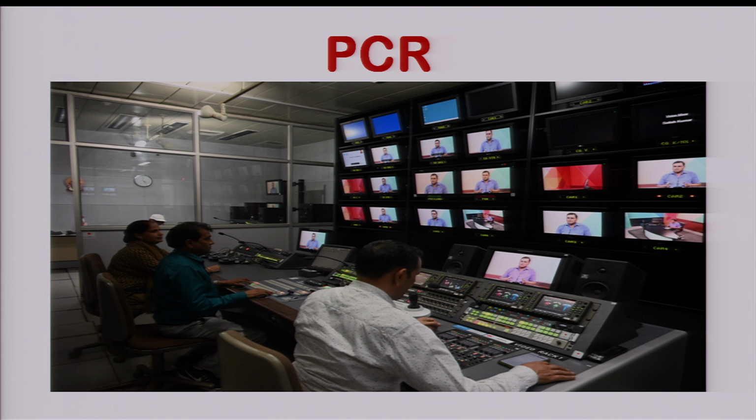As you can see on the right hand side of the picture, there are many visual inputs that are coming. 3 camera inputs from the studio, and also if we have any pre-recorded footage for the show, then it will also show on that video monitor wall.